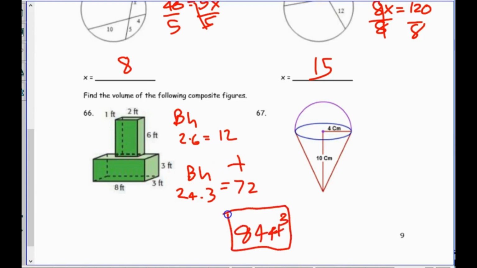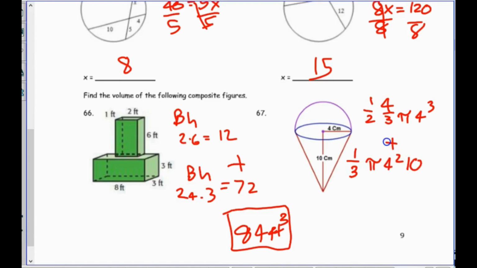Alright, so this is a volume of a half sphere, which is 1/2 times 4/3 pi r cubed, where r is 4. And then down here this is 1/3 big BH, which is pi r squared, pi 4 squared, times the height, which is 10. When I take those two numbers, I'm going to add them up.